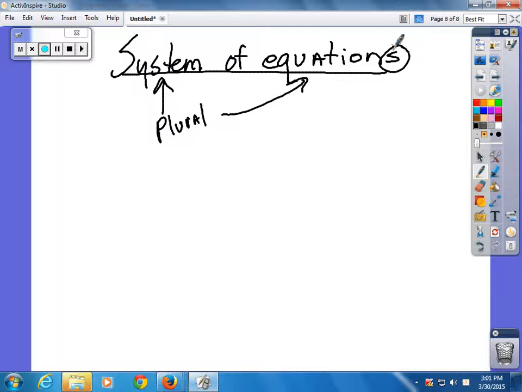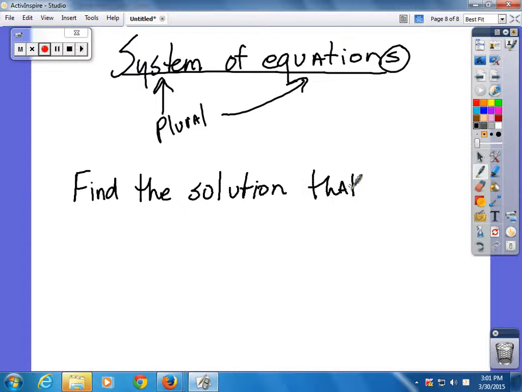So what they're going to be asking you to do in all of these applications is find the solution that fits all equations given.